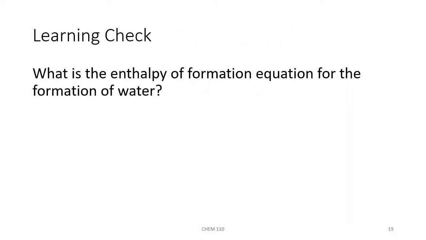We can write the enthalpy of formation equation for forming any substance. What is the enthalpy of formation for the formation of water? So we know what our product is going to be. It's going to be liquid water, and we only want to form specifically 1 mole of the substance from elements in their most stable standard states.